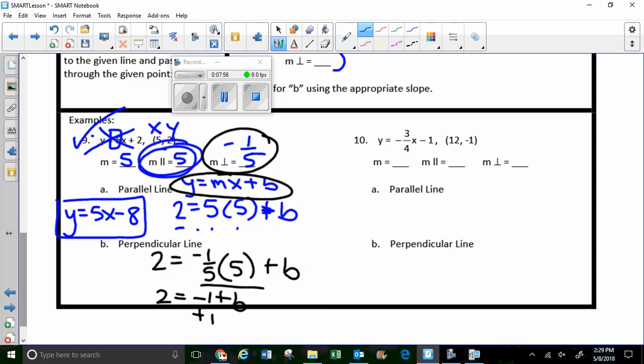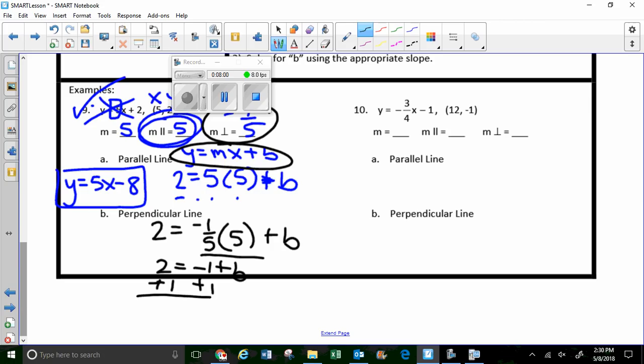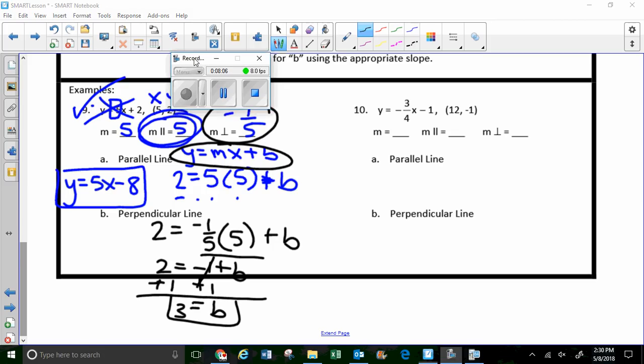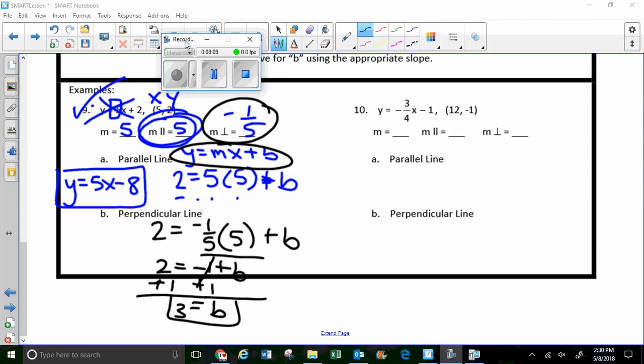Add 1 on both sides, and you'll get b equals 3. So now take your b and your slope, put that together. So y equals -1/5 x plus 3.